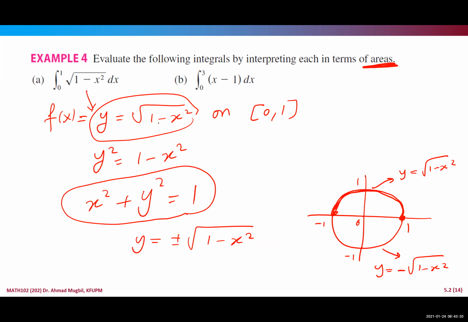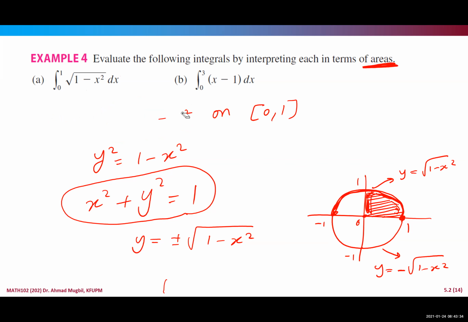Now this represents indeed the upper half, but not from negative 1 to 1, from 0 to 1, so from here to here. So we are just calculating the area of this. It is positive, it is above the x-axis. So we can think about this integral to be the same as the area of this region, because it is positive in this case. So this equals the area of this part.